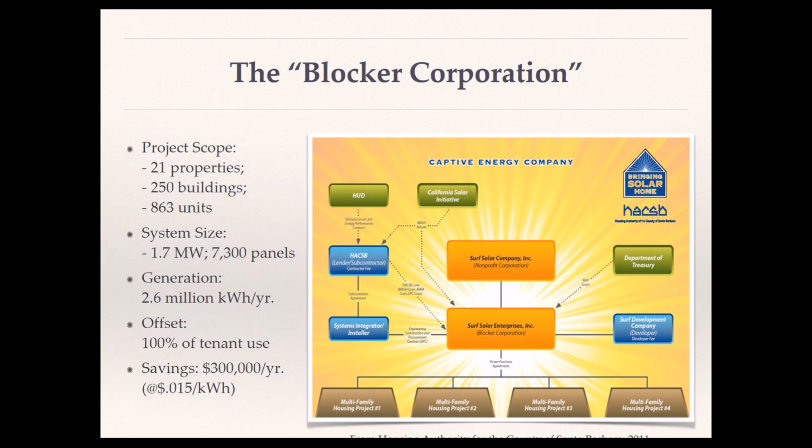The Blocker Corporation also allows for the ITC to be leveraged. And so the captive LLC and the housing organization set up a PPA to set stable electricity prices across the housing portfolio.